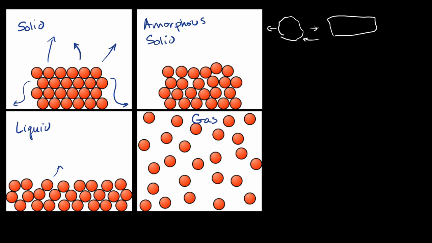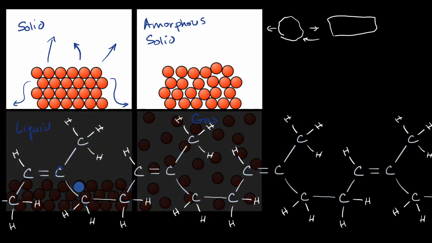This is a molecular structure of actual natural rubber. It's a chain of carbons that are bonded to hydrogens. If you were to zoom out from this, you'd imagine these very long chains of carbons with hydrogens. And then in natural rubber, they all get tangled up with each other.